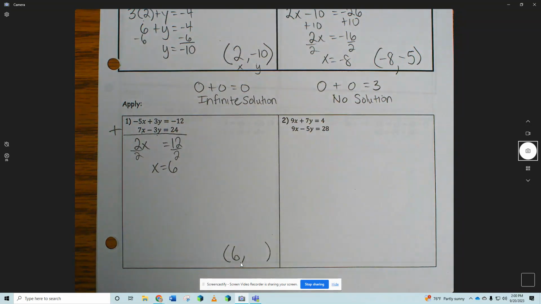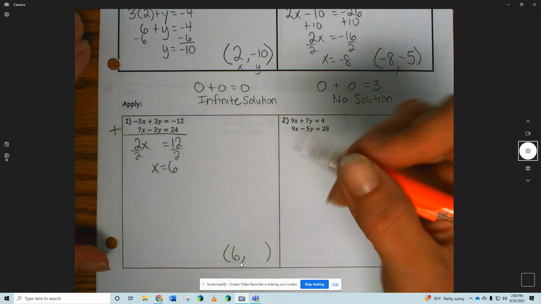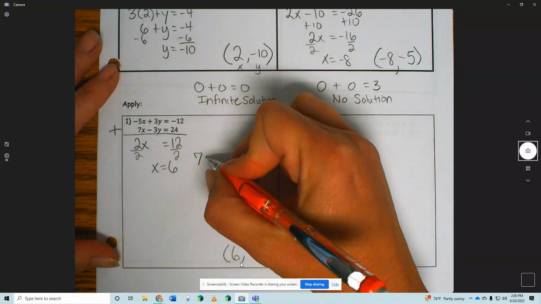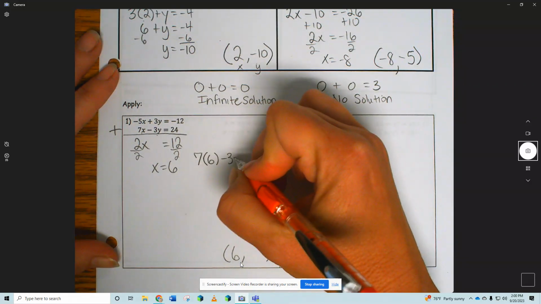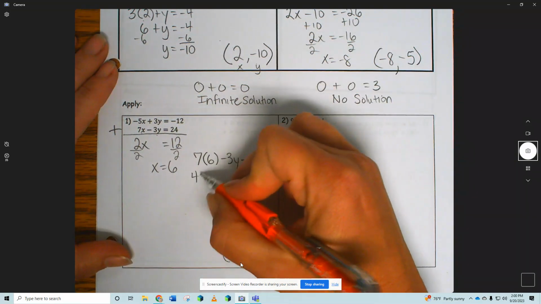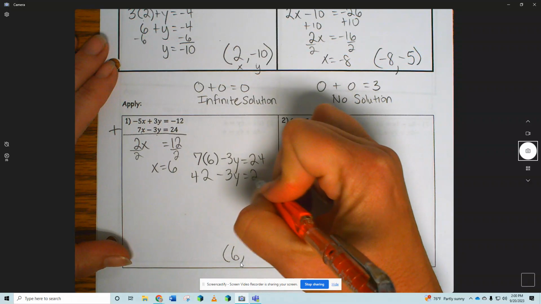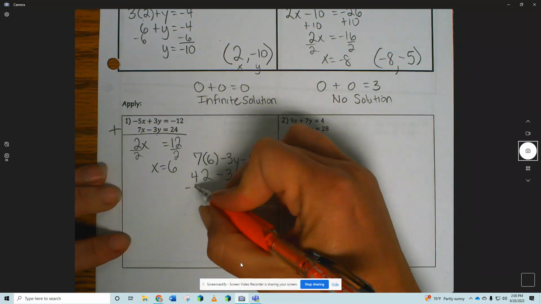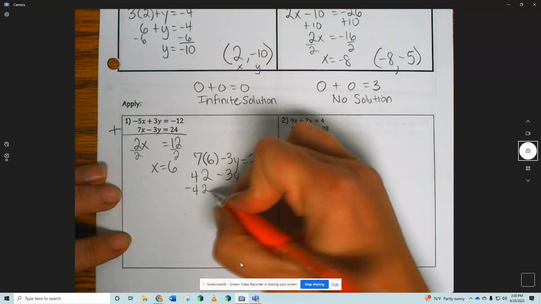What do I do with this 6? Oh, you plug it in. Yeah, and which equation, Sarah, do you want to pick? The bottom one. 7 times 6 minus 3y equals 24. 42 minus 3y equals 24. This is a tricky one to do in your head. 24 minus 42.